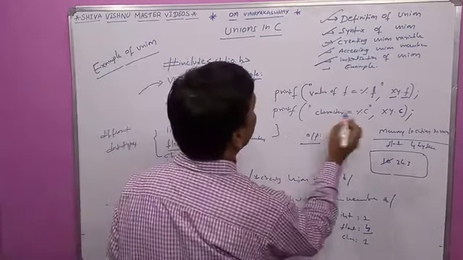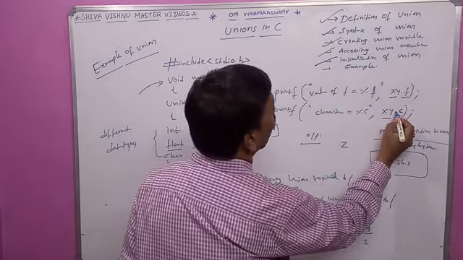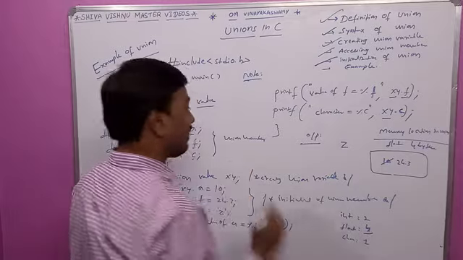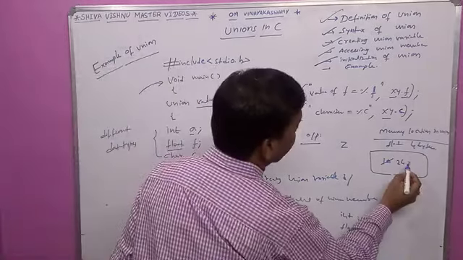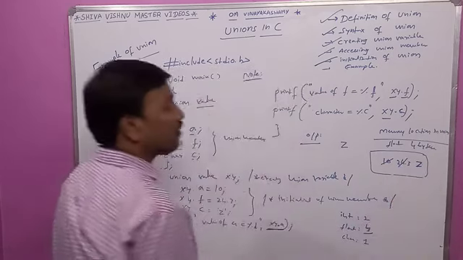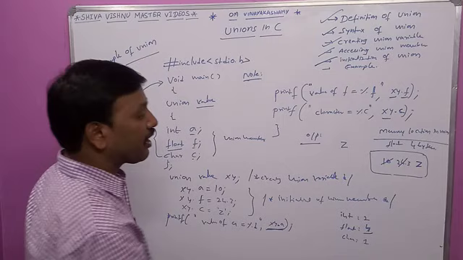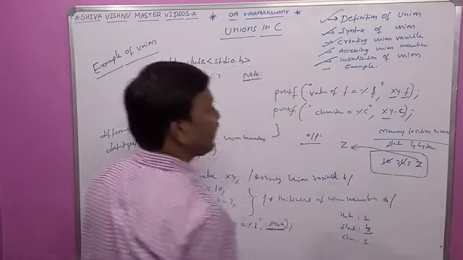Next printf, character equal percentage c within quotation, comma, variable name, dot operator, the member c. Now you can see the c value is z. Here the previous one is overlapped, z will be the character. So that's why now we have the output z.